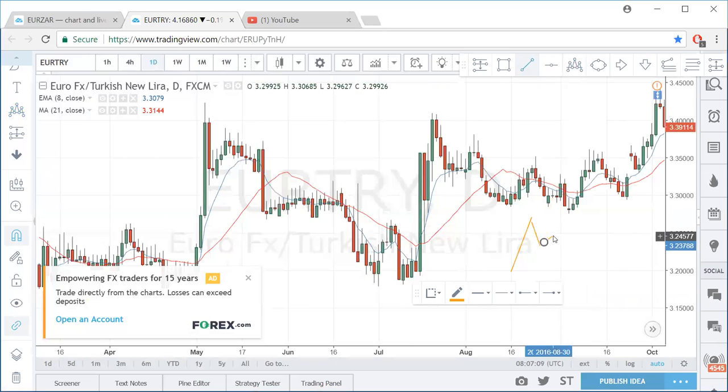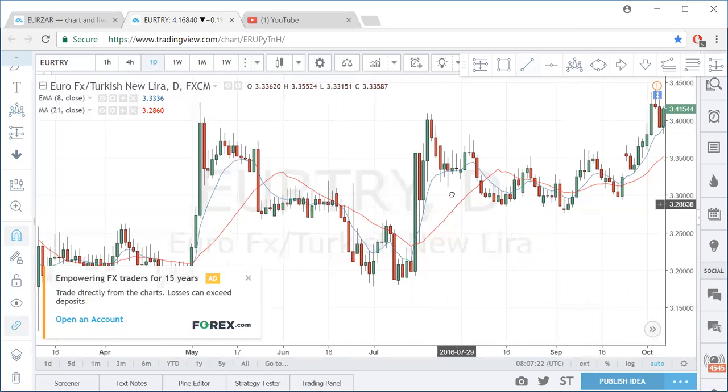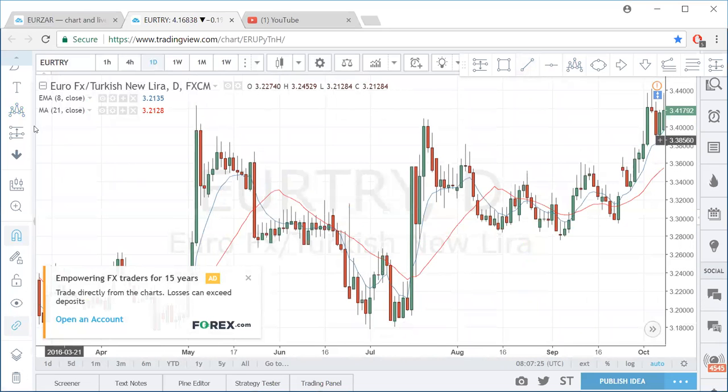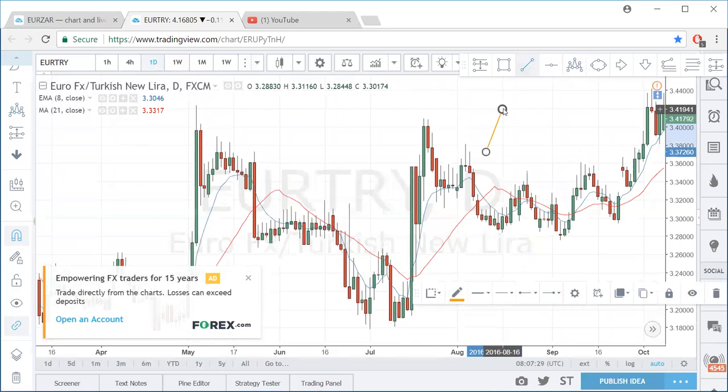Sorry. And the second leg also forms somewhere here. Let me just clear this chart. So as I was saying, you have your M patterns forming. Let me draw another one here.